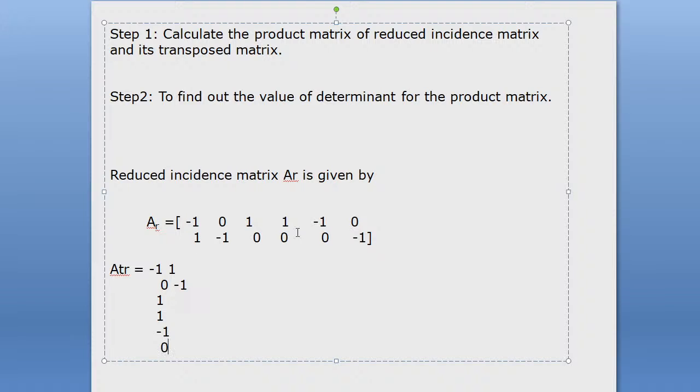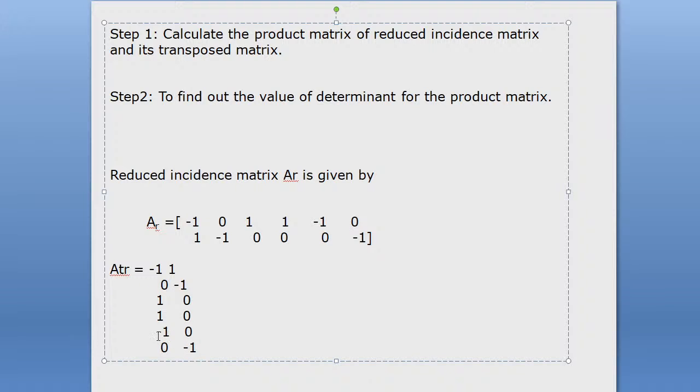Similarly, you write this row as a column matrix. You can write minus 1 0, then 0, then 0, and finally minus 1. You just make it similar in a symmetric way, otherwise it looks different, not a matrix form.